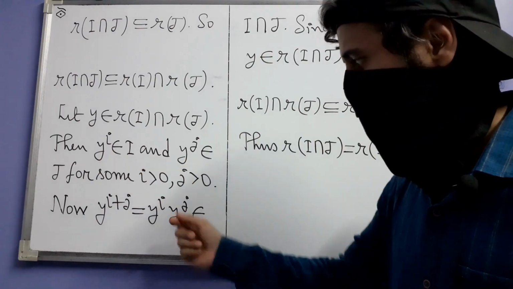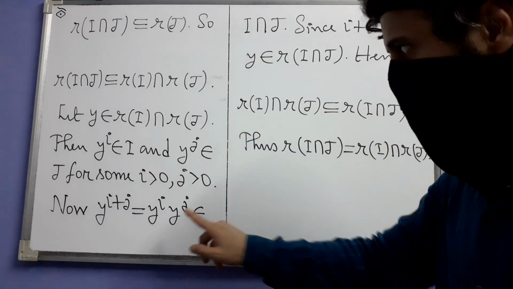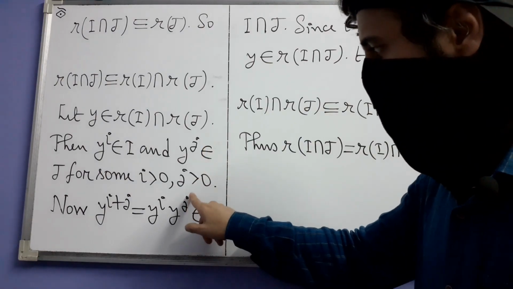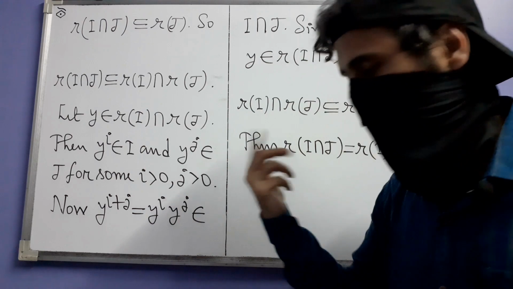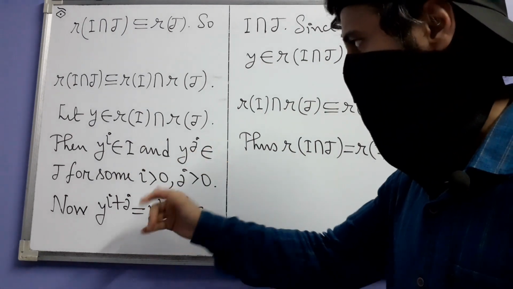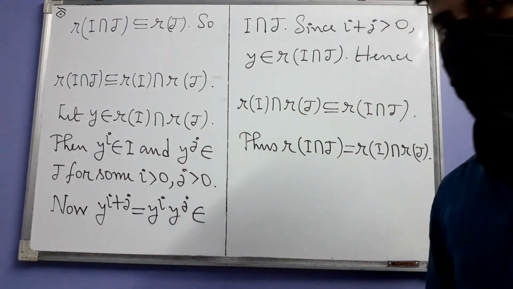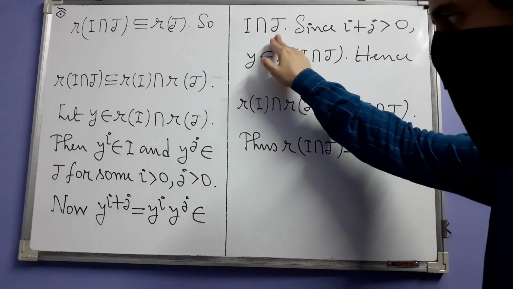So because I is an ideal, this should belong to I. But you can also view this product as the product of this element of the ideal j by some element of the ring which is y to the power i. Because j is also an ideal, this product should belong to j as well, and that is why this belongs to I intersection j.